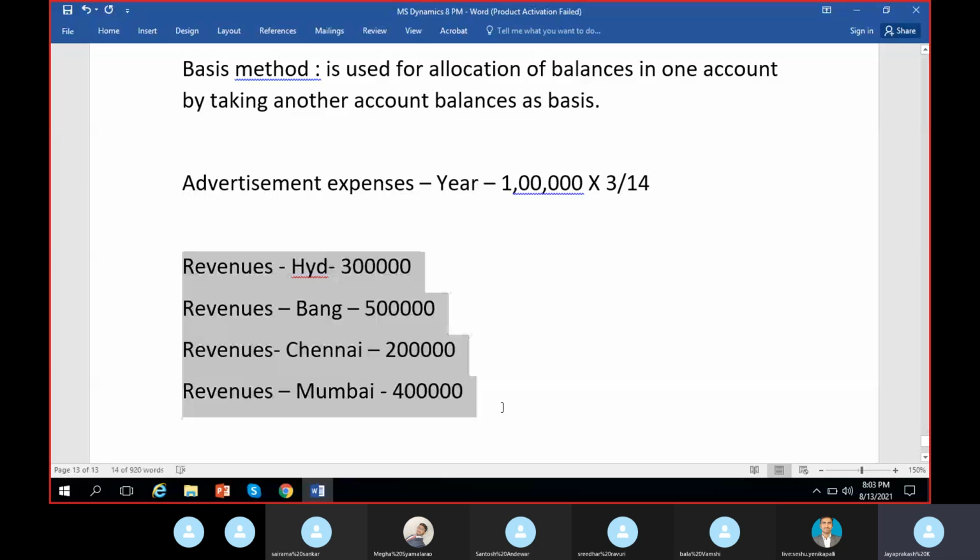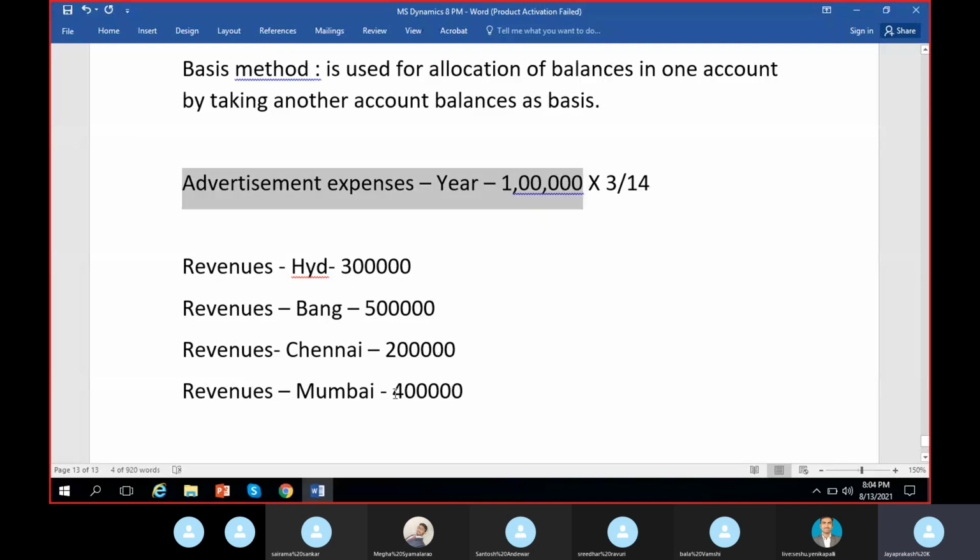Now my company decided that since advertisement expense is one main expense which usually drives people to buy your products, we will divide this advertisement expense on the basis of the revenues earned by the locations. We will allocate this 1 lakh which we already posted to each location on the basis of the revenues earned by each location in the company.